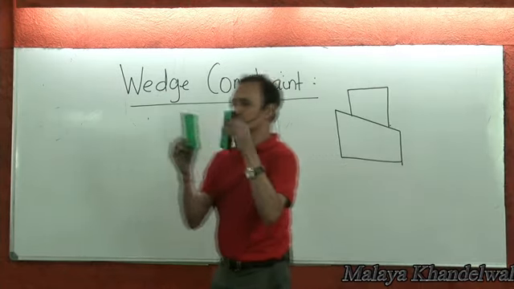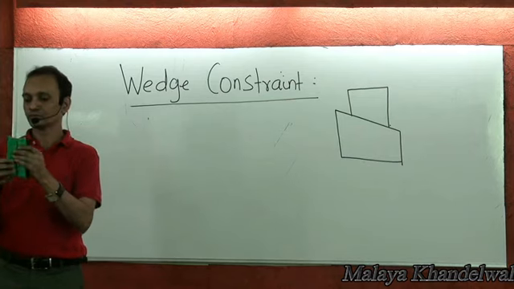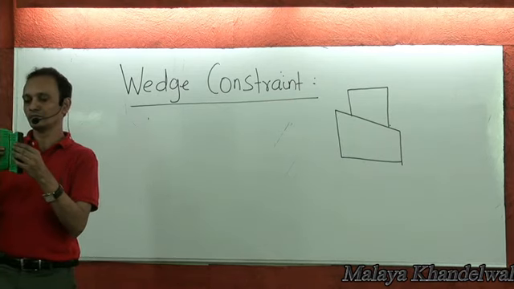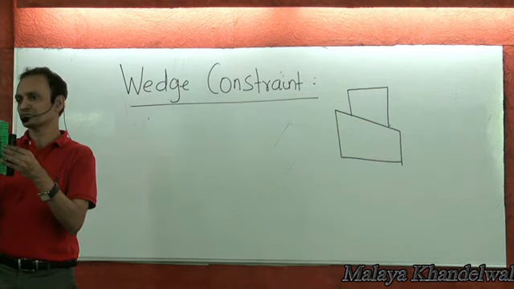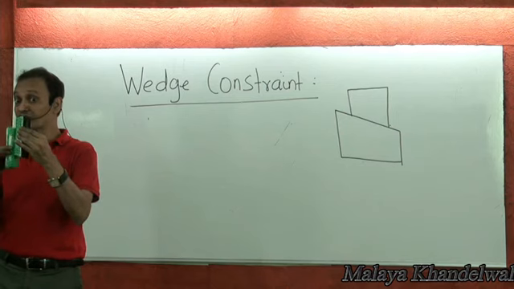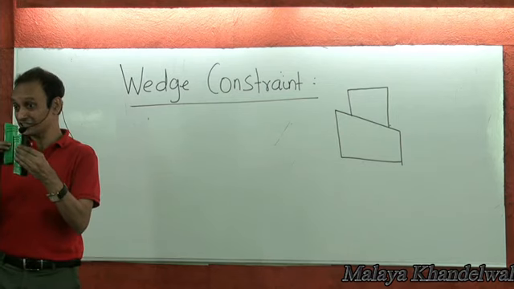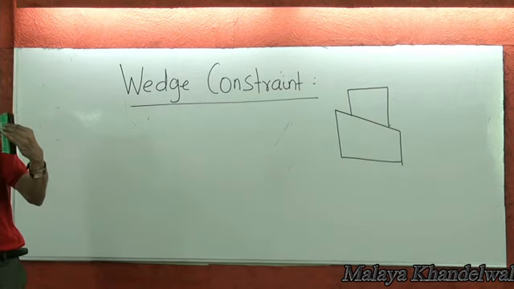Say these are two surfaces. Okay? If they have relative motion in this direction, assume they are very long, they don't lose contact. What is this direction? Tangential direction, isn't it? This will be the normal direction. This would be perpendicular to the surface.